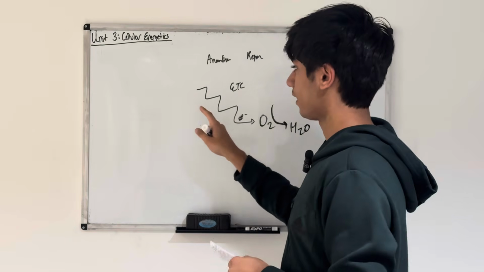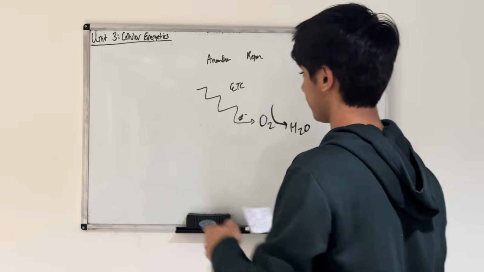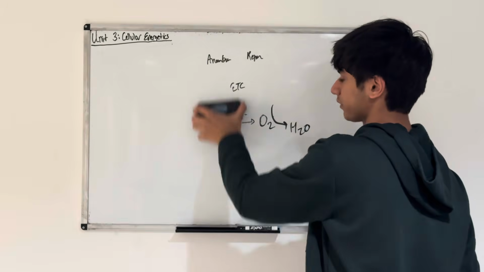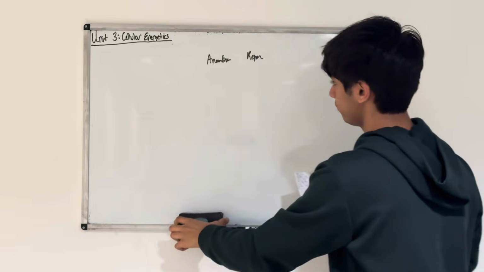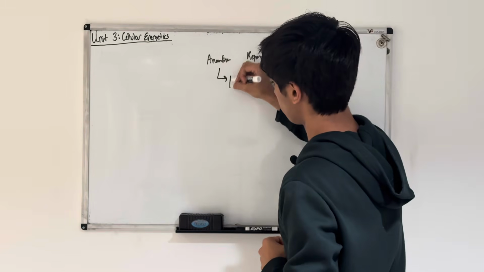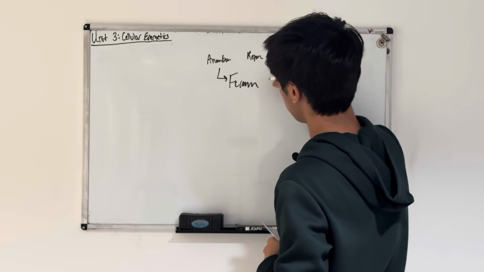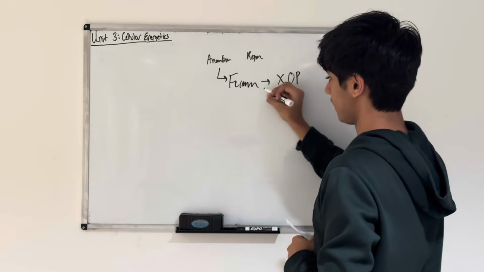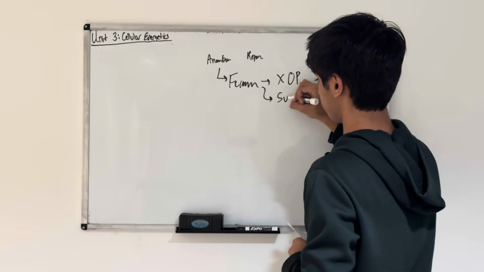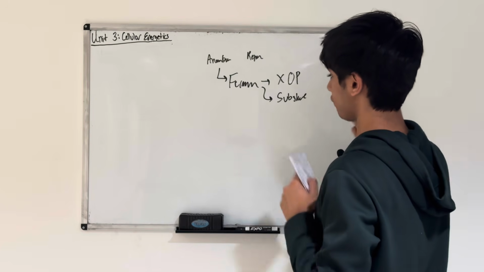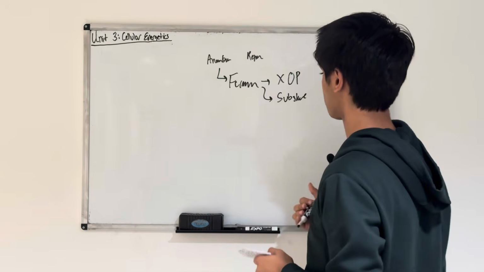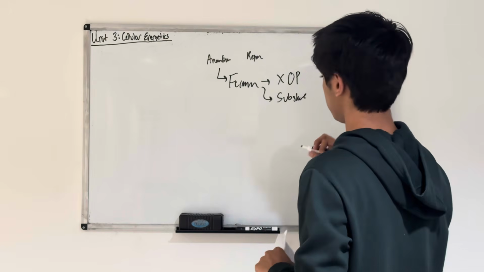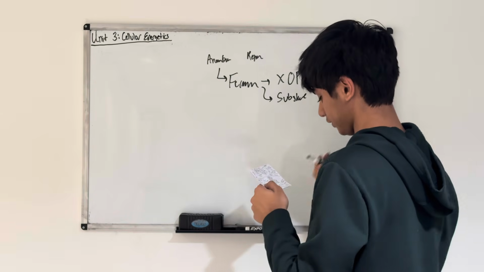But if we don't have oxygen, we can't do this process. So we can't do oxidative phosphorylation, and instead we have to do fermentation, which means we have to use substrate phosphorylation, which creates much less ATP, but it works without oxygen, which is why we do it.